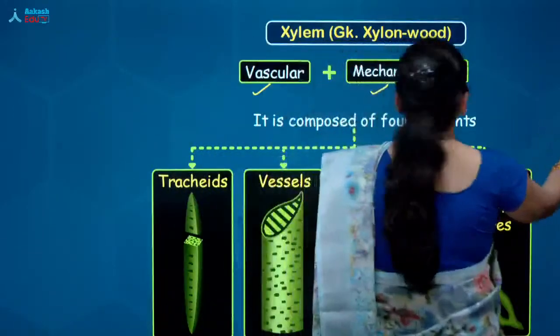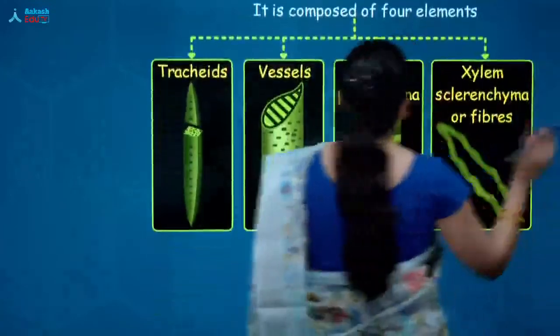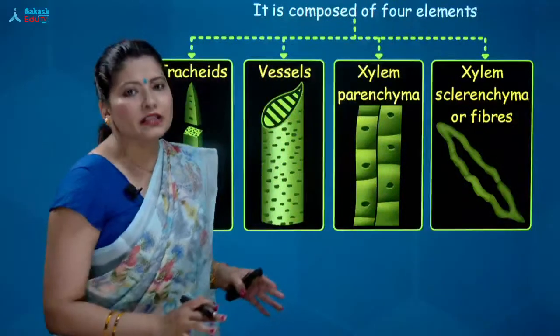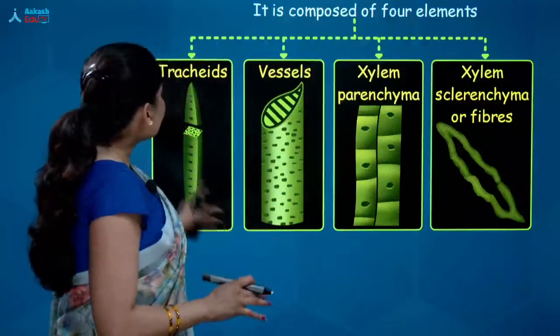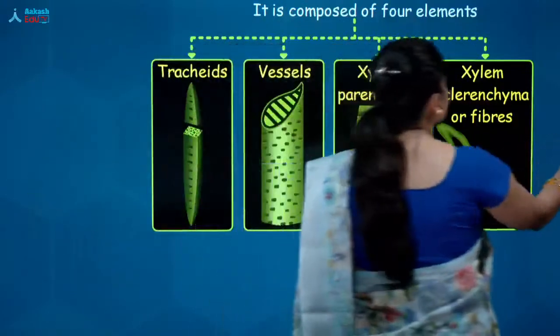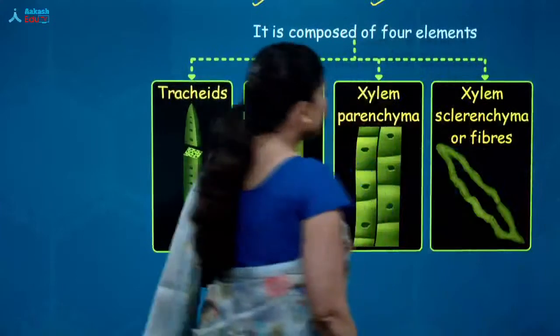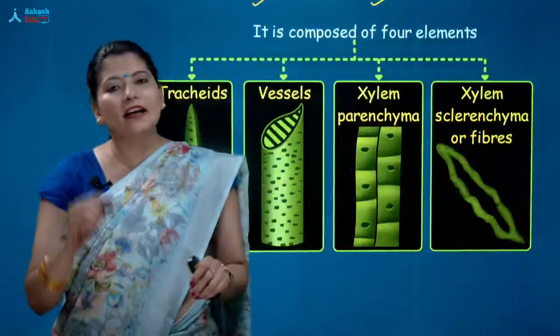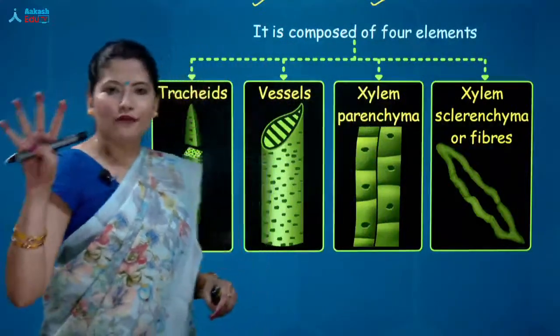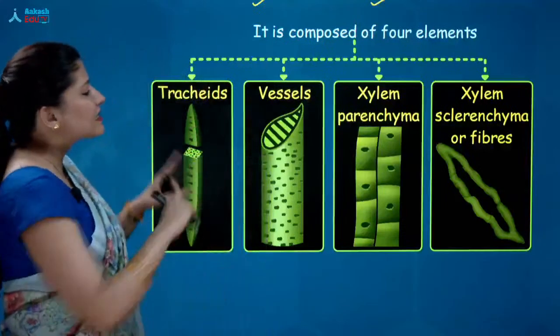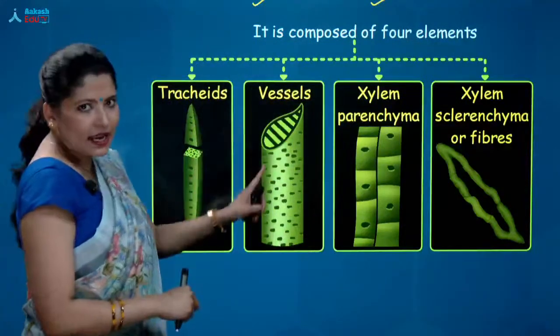So xylem is composed of 4 kinds of cells, 4 kinds of elements, right? That is tracheids, vessels, xylem parenchyma and xylem sclerenchyma. So these four kinds of cells, four kinds of elements, combinedly form xylem.